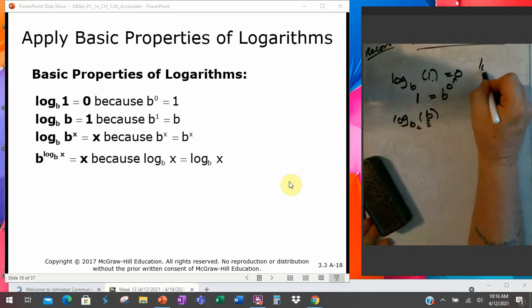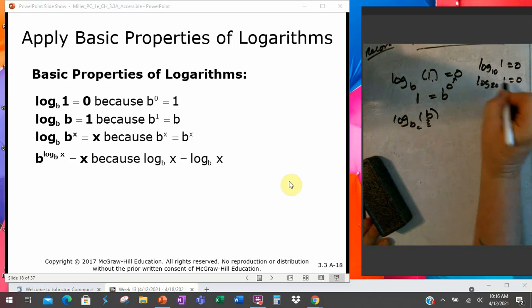The log base 10 of 1 is equal to 0. Log base 2 of 1 is equal to 0. Log base 3 of 1 is equal to 0. Because 3 to the 0 is equal to 1, 20 to the 0 is equal to 1, 10 to the 0 is equal to 1. Okay?